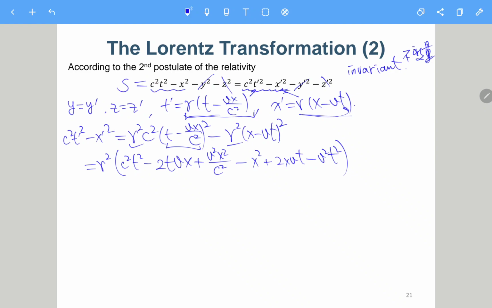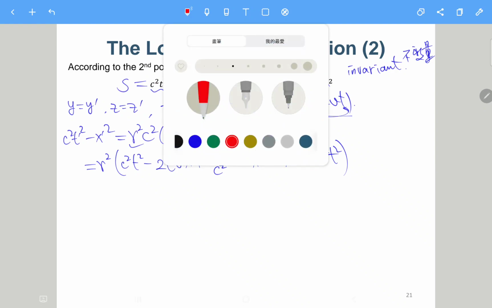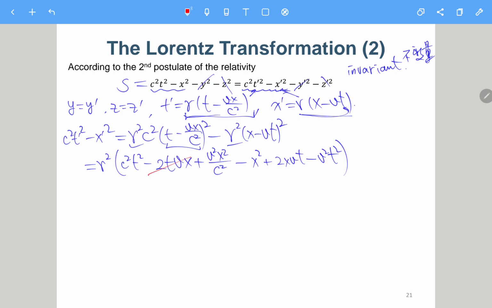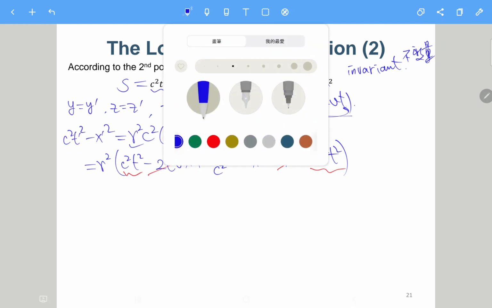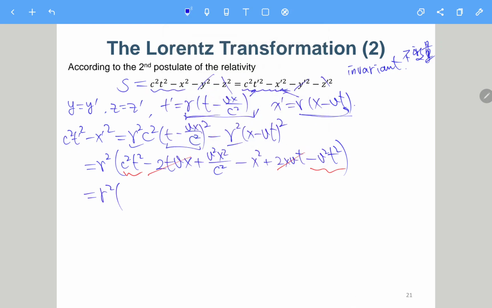Okay, so we can see that this is minus 2tvx and this is 2xvt, so they are the same with opposite sign, and they cancel each other. And then we can do some factorization. First of all, we have a c squared t squared here and also a v squared t squared here, so we can factor out t squared. So we have c squared minus v squared multiplied by t squared, and then plus this one.